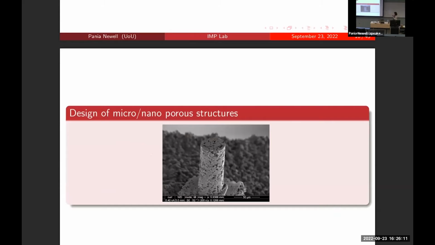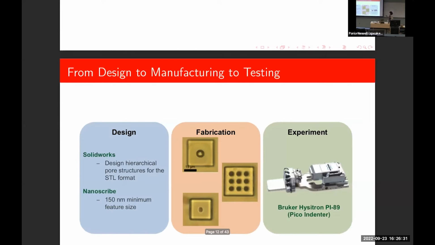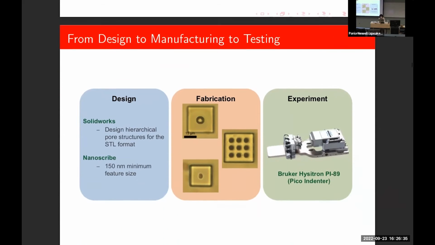So the first part is looking at the micro and nano porous structures and designing them. We know that these systems are complex. You can see there is a hierarchical porous structure, and it's very heterogeneous. We thought, if I want to understand the behavior of the pores, I need to look at a single pore.